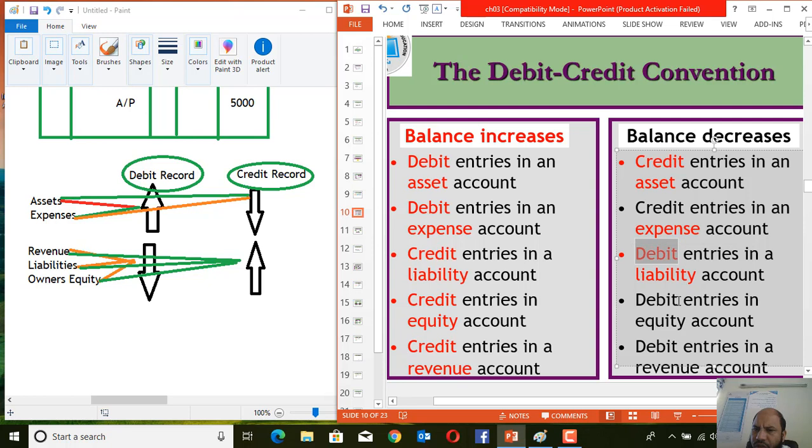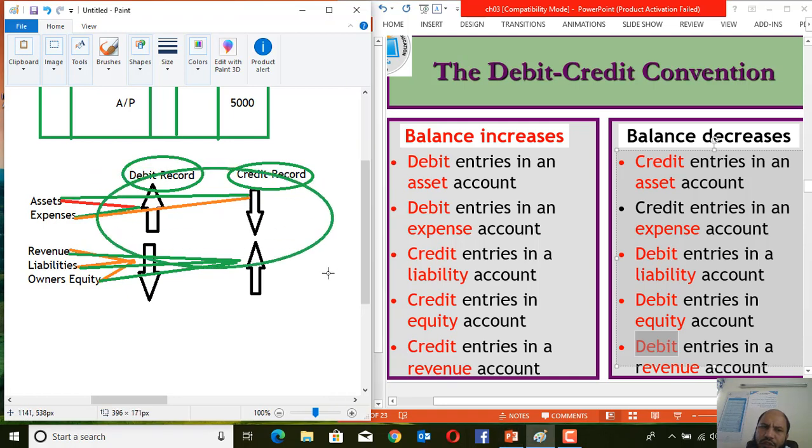When the equity account decreases, we will record it on the debit side. And when the revenue account decreases, we will record it on the debit side. So these were the rules for debiting and crediting in this slide. What we have already done, you can easily understand from this portion that we have discussed.